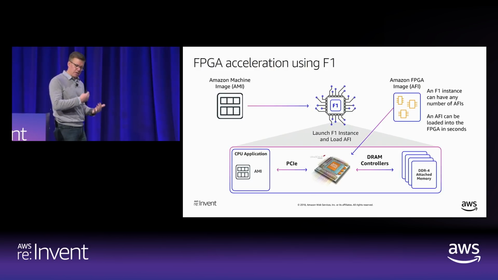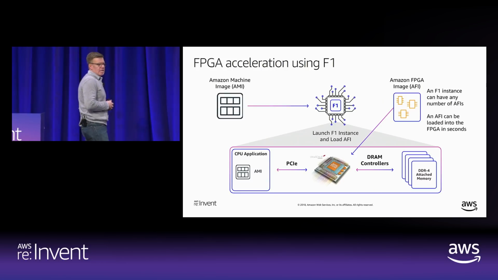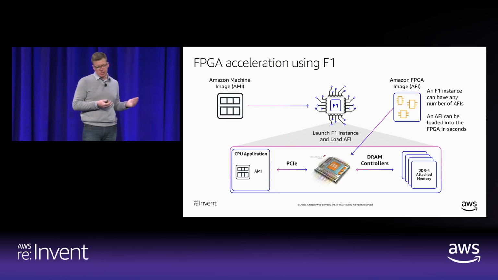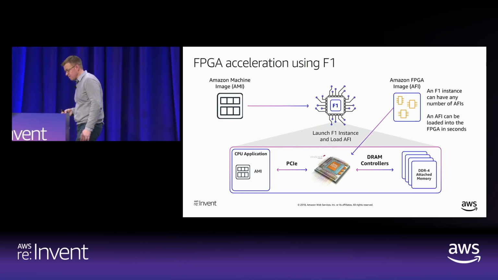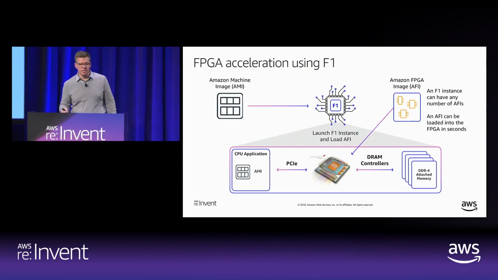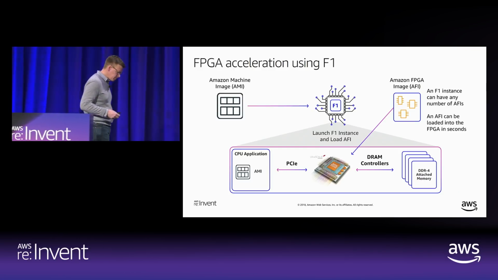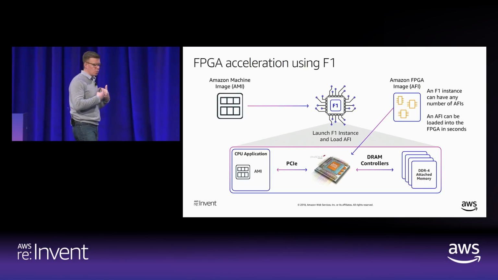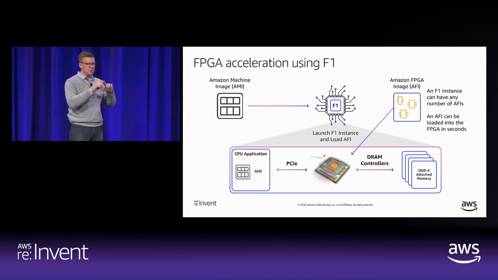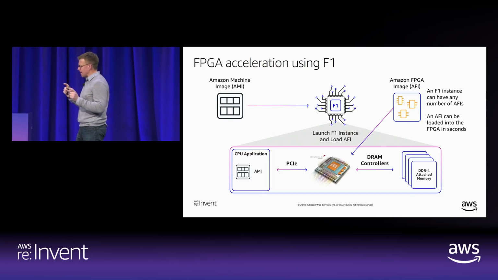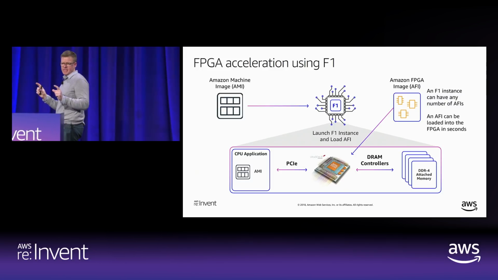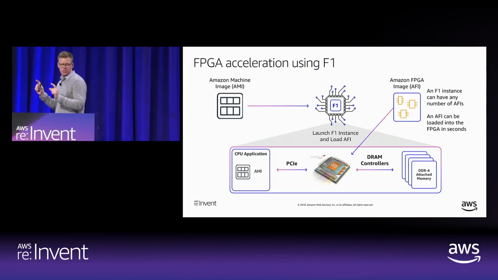And so if you go down deeper into the FPGA, it's connected to our CPU via PCIe x16, and it has 4 DRAM controllers directly connected to the FPGA. So one of the things we have on the FPGA is a small layer of security and a common interface for FPGA users.